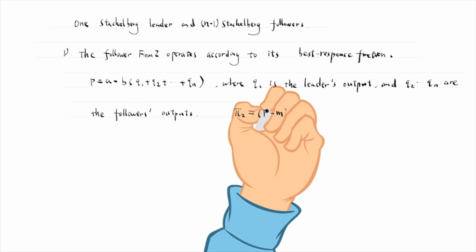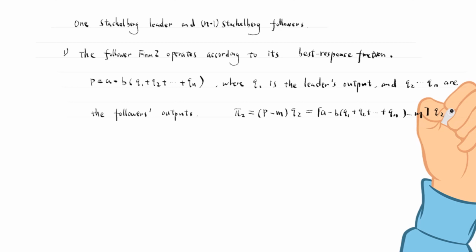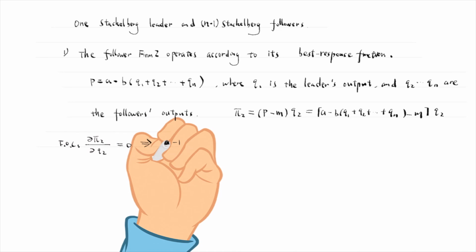Firm 2's profit pi 2 is price minus marginal cost, times Q2. Substituting P and using the first order condition for profit maximization, we obtain firm 2's best response function.